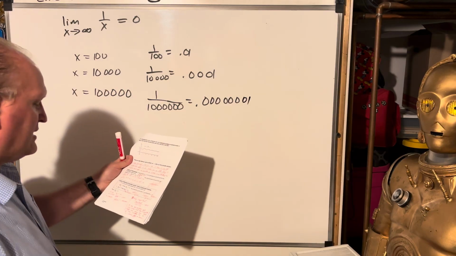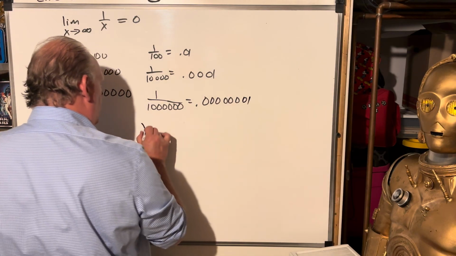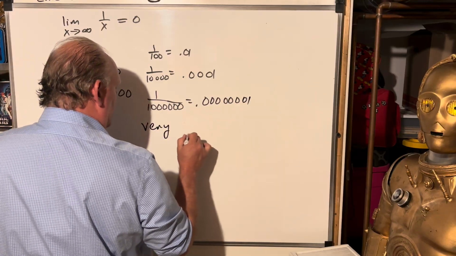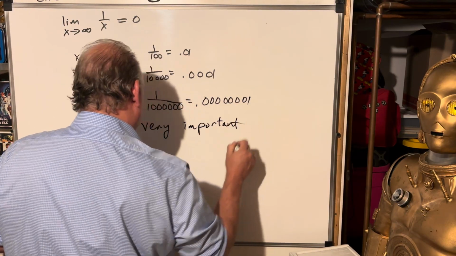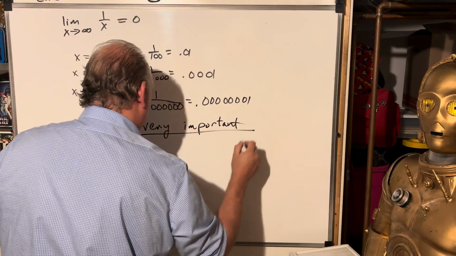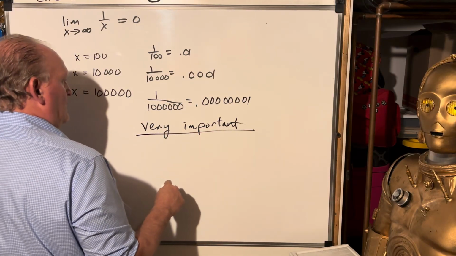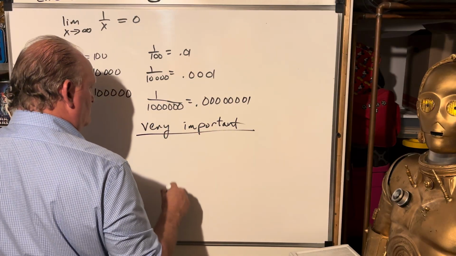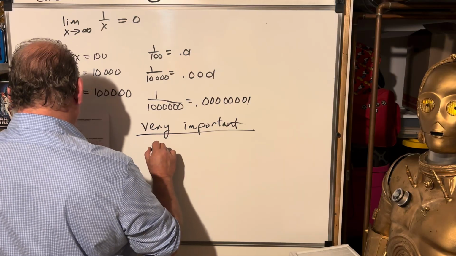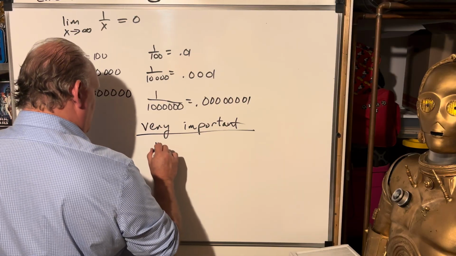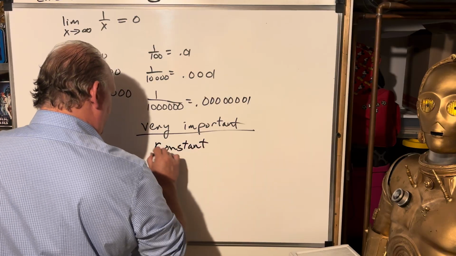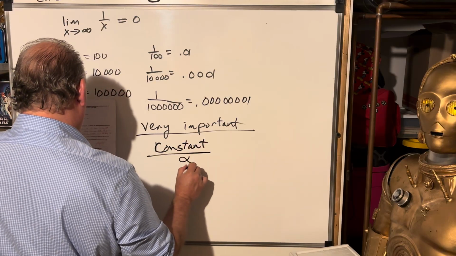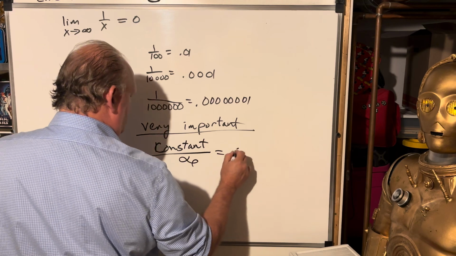So anytime you take a constant divided by, that's very important. You get this burned into your brain. Some constant, any constant, divided by infinity is going to go to 0.